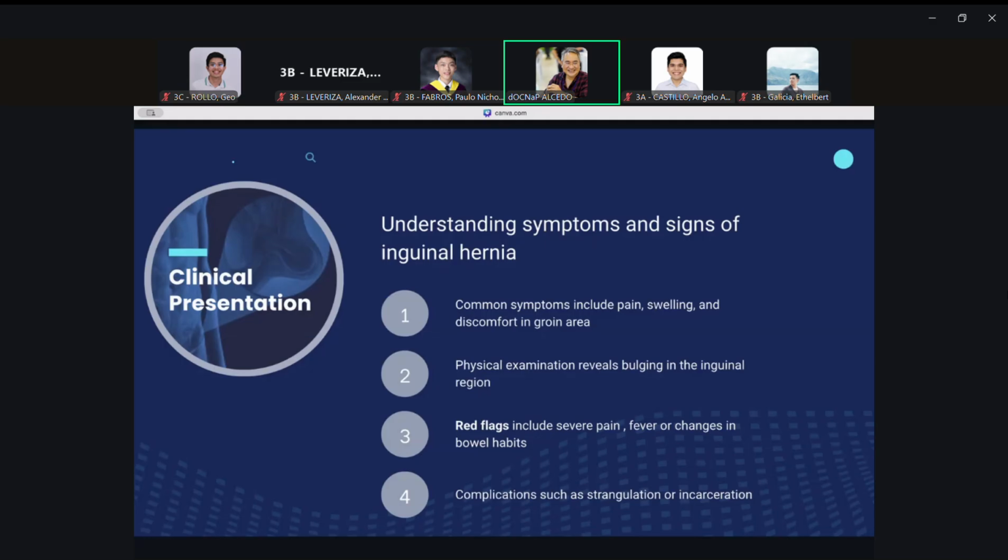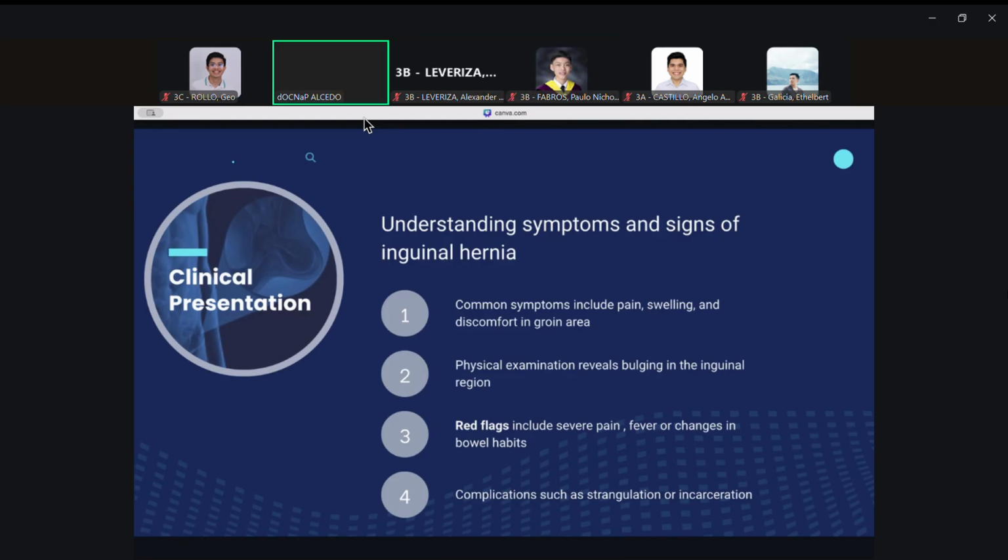Now, of course, a special consideration is among the younger population, especially in children. Sometimes when a mother brings a child to you and complains of a hernia, for example, sometimes it's so difficult to illustrate and to appreciate the actual occurrence of the hernia, even if you try to make the patient cough or cry.